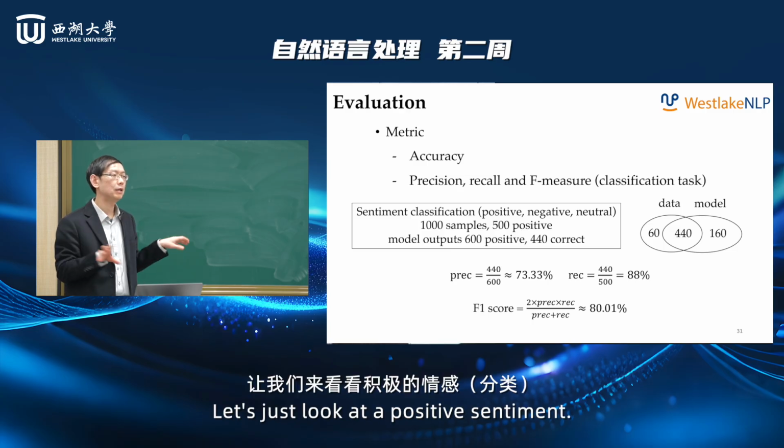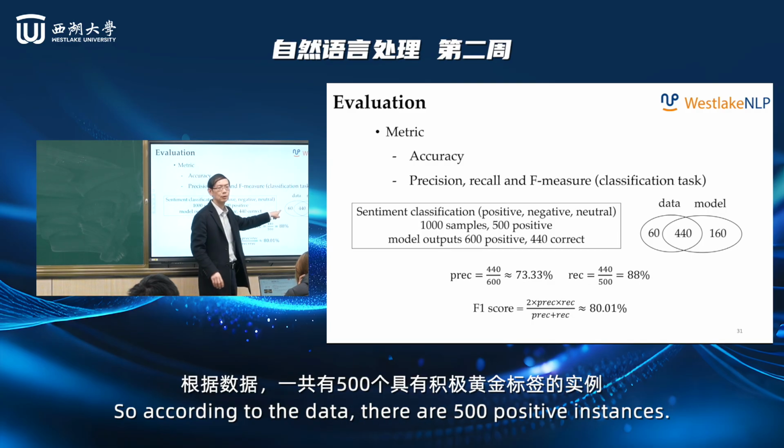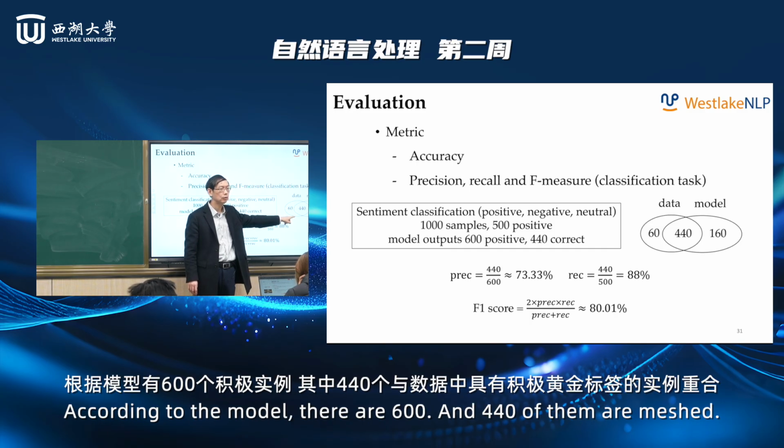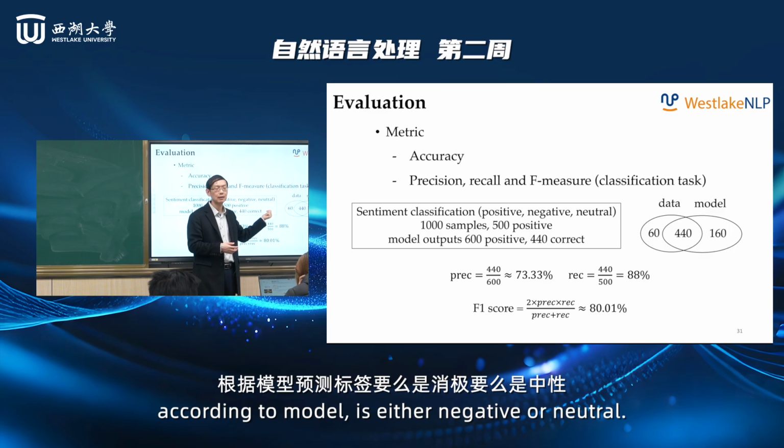Let's just look at the positive sentiment. You got this picture. According to the data, there are 500 positive instances. According to the model, there are 600, and 440 of them are matched. But there are 60 that according to the data are positive, but according to the model are either negative or neutral.